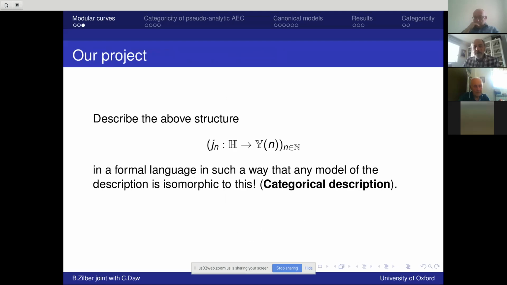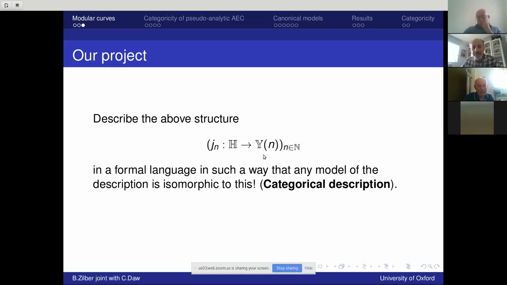So we want to understand this structure as a whole, and our ambitious aim is to give it a description in the way we give a description to, for example, what is a vector space, what is a field, what is an algebraically closed field.